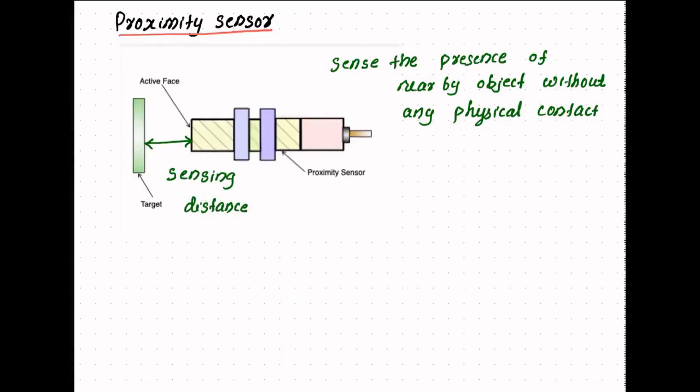One of the important parameters of a proximity sensor is sensing distance. The sensing distance of a particular proximity sensor depends on the type of target. Usually we calibrate this sensing distance and accordingly we fix the sensor in a particular application.